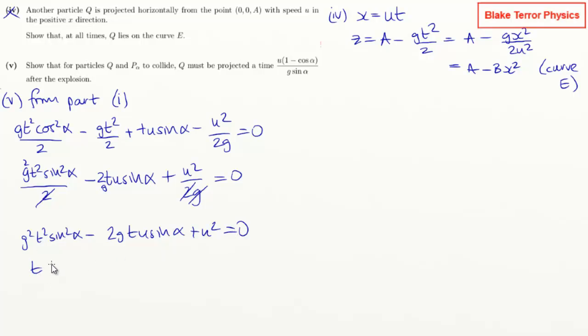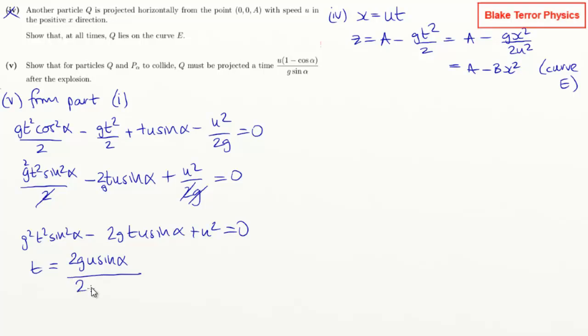So T is going to be 2GU sine alpha. Then this must have a 0 discriminant because that's what we were doing before. We've shown that it's got a 0 discriminant. That's definitely right, isn't it? Because we'll have a 4G squared U squared sine squared alpha and a 4G squared U squared sine squared alpha, so that is 0.